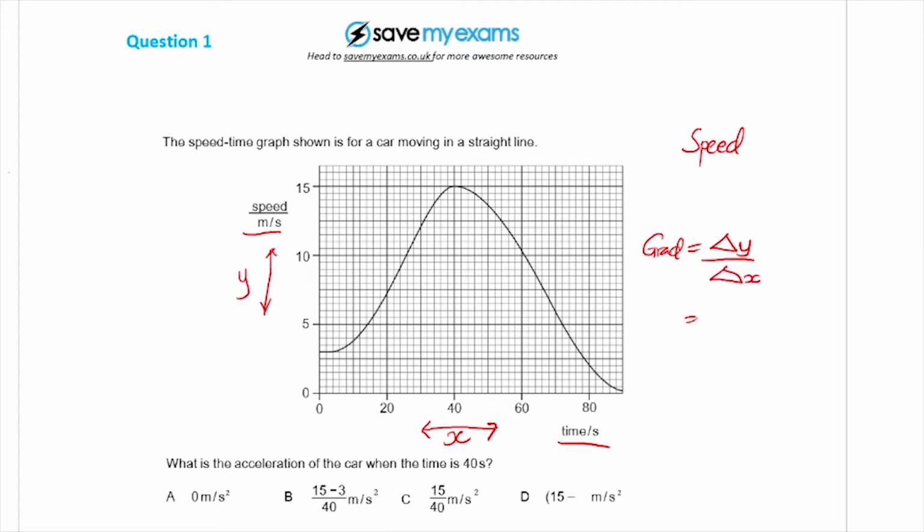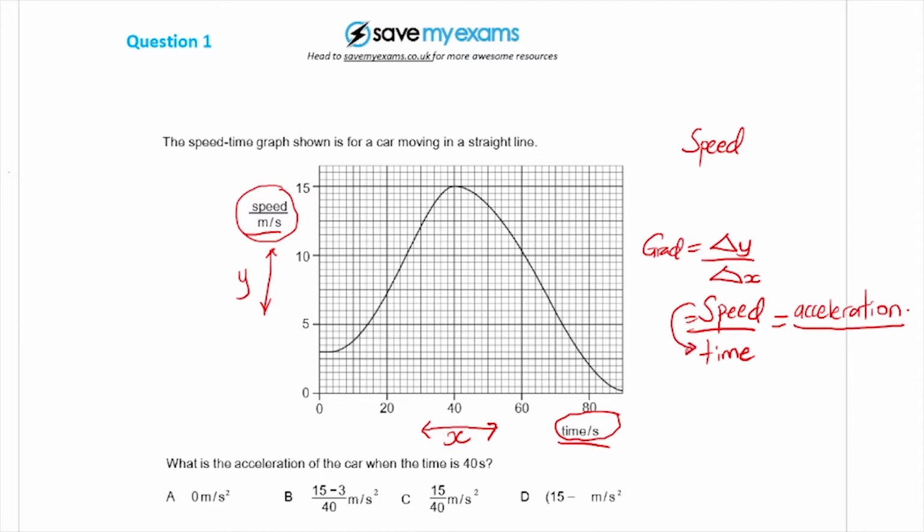In the change in y, we have the speed on that axis, divided by, in the x direction, we have time. So speed divided by time, the rate of change of speed, is what gives us acceleration. Even by definition, we know acceleration to be the rate of change of velocity.